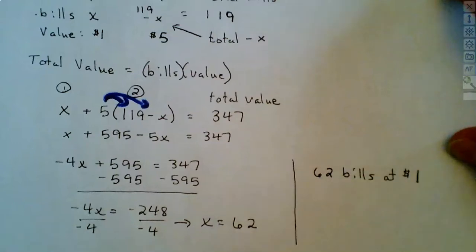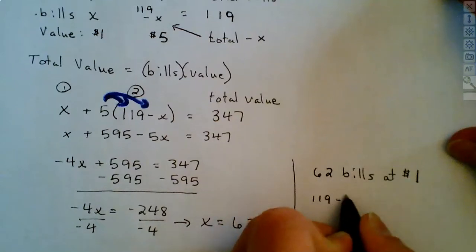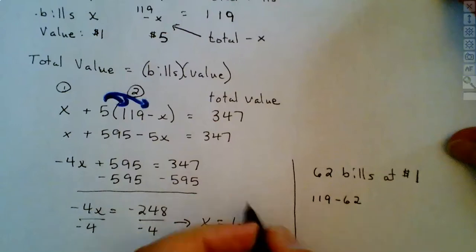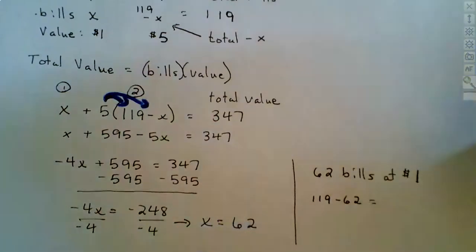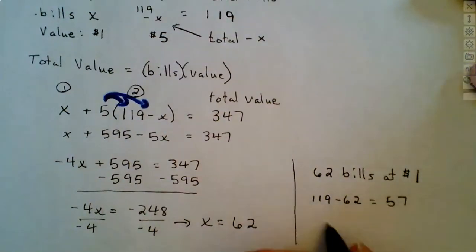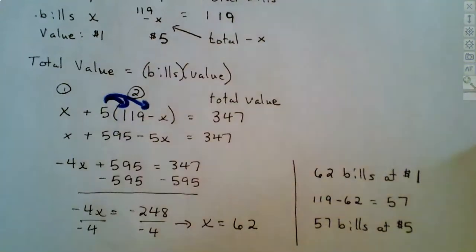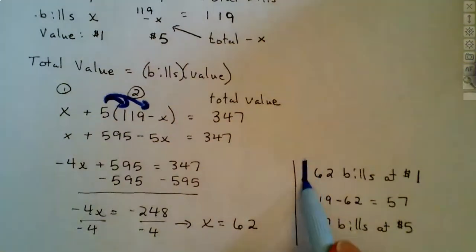We also need to find the number of $5 bills. So the $5 bills would be 119 minus 62. So that then gives you 57. So we've got 57 bills at $5 each. So we've got our number of $5 bills, and we've got our number of $1 bills.